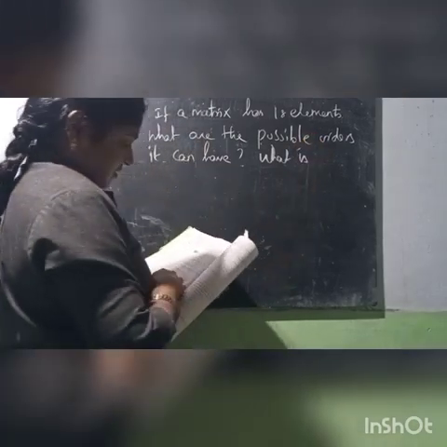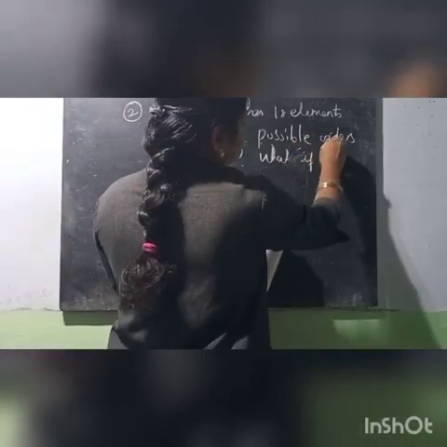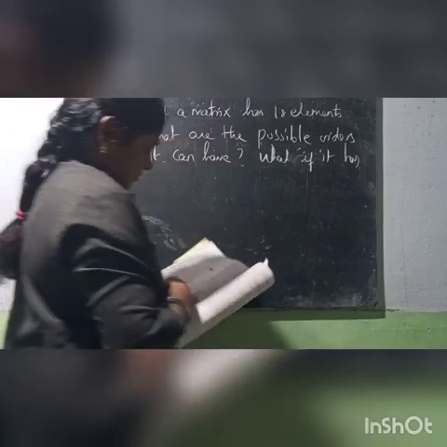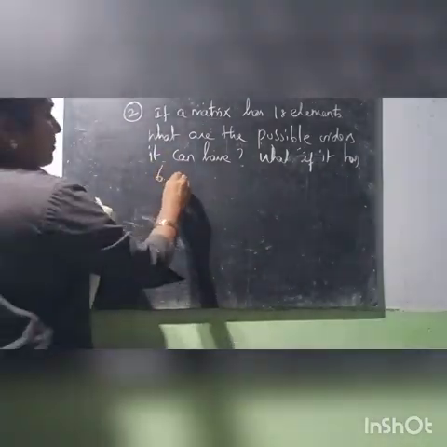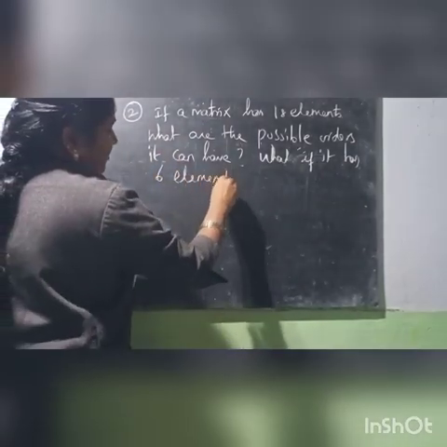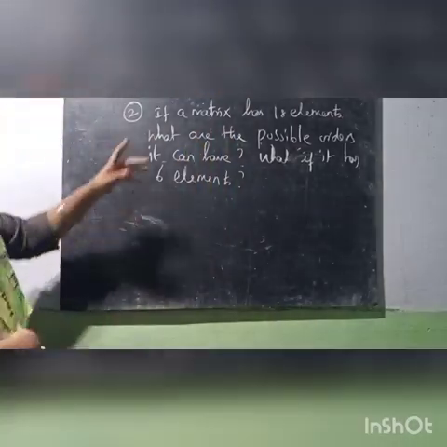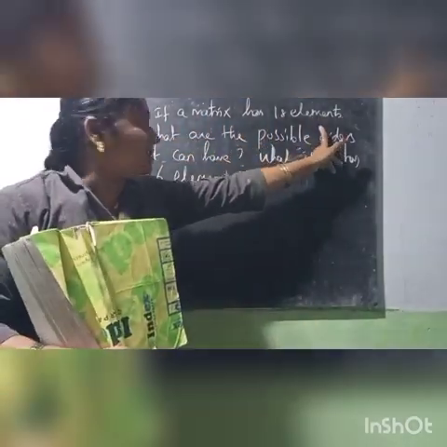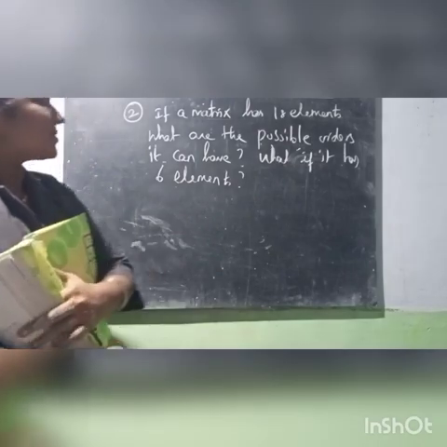What if it has 6 elements? So if a matrix has 18 elements, what are the possible orders it can have?